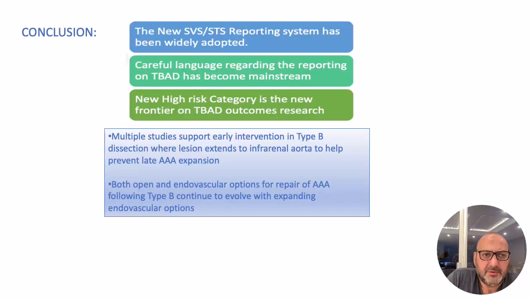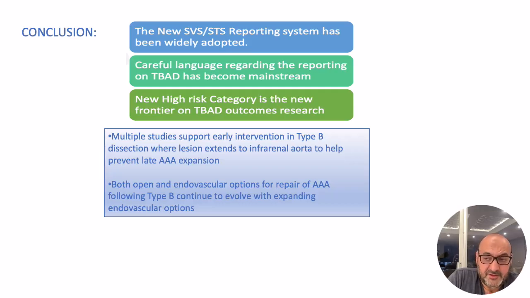And here we came up with the conclusion. The new SVS STS classification system is an important classification to be aware of. You have to read the paper, like I said. If you have any questions about the paper, I'm happy to give a little talk about that, but it's really self-explanatory. You need to practice with different scenarios.